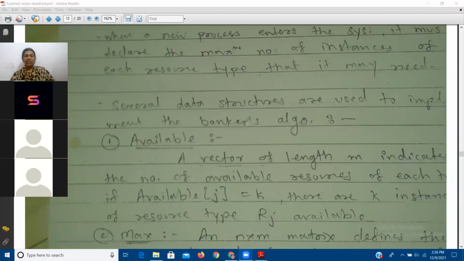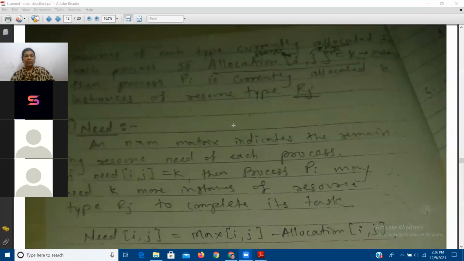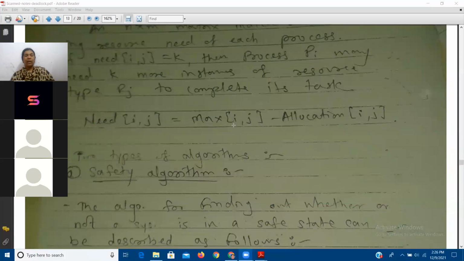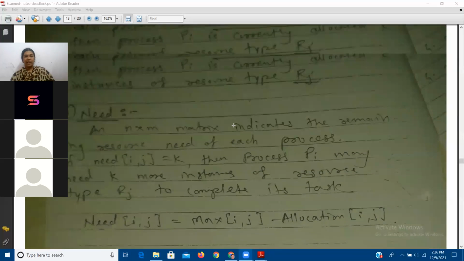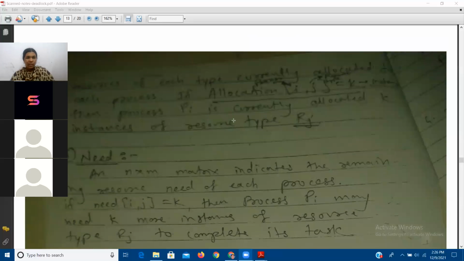Further, in this algorithm, we are using a total of 4 data structures. The first is available, second max, third need, and, sorry, only 3 data structures we are using. Just a minute.